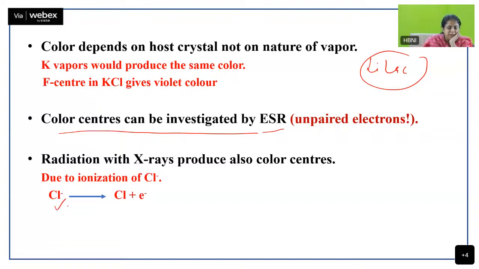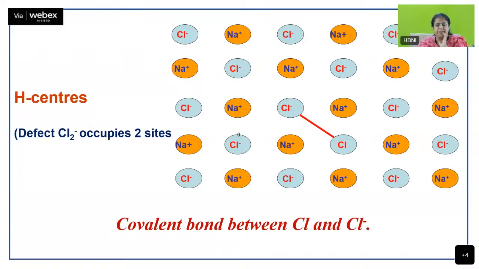What happens is the chloride ion forms a chlorine atom and it gives away an electron. And this electron, this particular combination, has a transition in the visible range that gives the material its color.